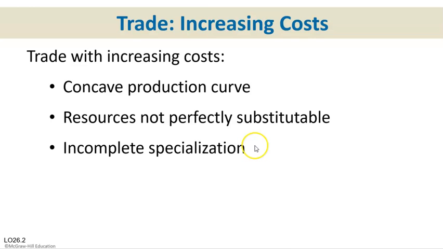So when Mexico and the US decide to trade with each other, the US will produce more beef and less vegetables, and they will still be exporting beef, but they're going to be making some vegetables within the country. And then same thing with Mexico. They're going to focus on making vegetables and exporting vegetables, but they'll still make some beef within the country. And that's a little bit more realistic.